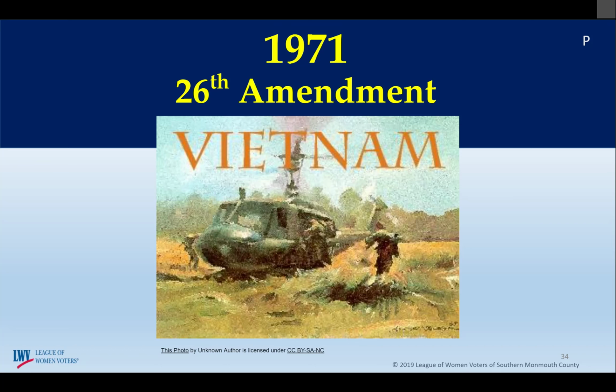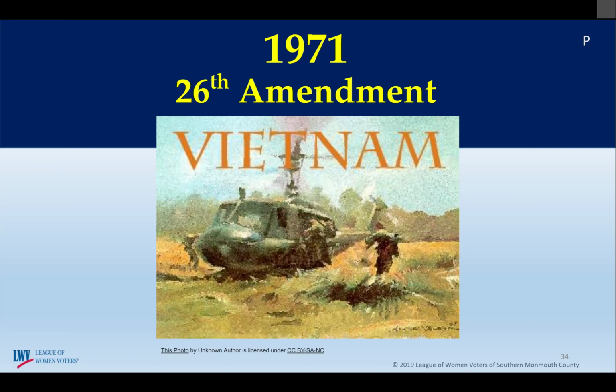Men who had no vote, no say in whether the war should be fought at all. Those new soldiers were old enough to fight, but too young to vote. And the protesters wanted to change that. So the 26th Amendment was passed, and it passed more quickly than any other amendment in history, and 18-year-olds were given the right to vote.